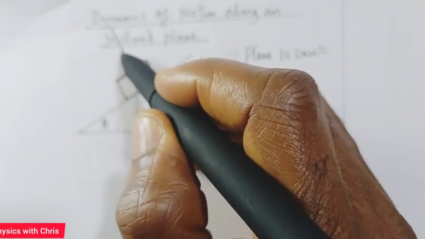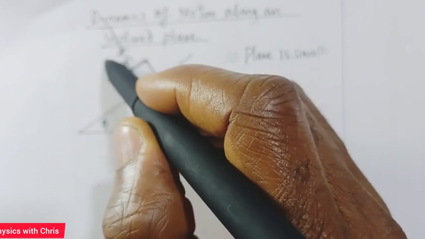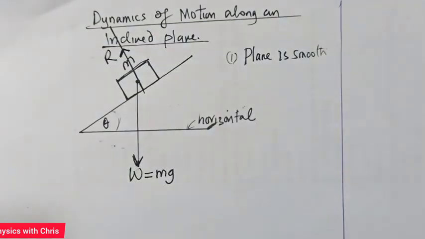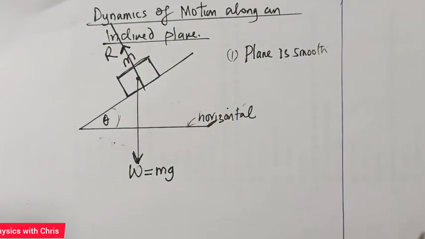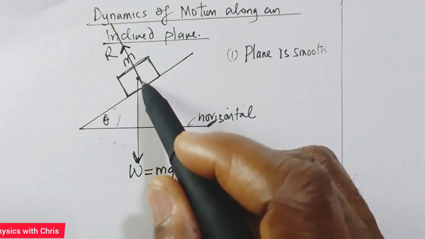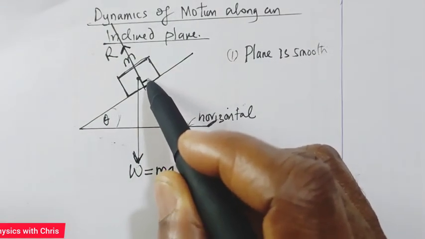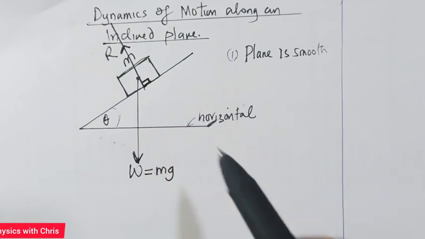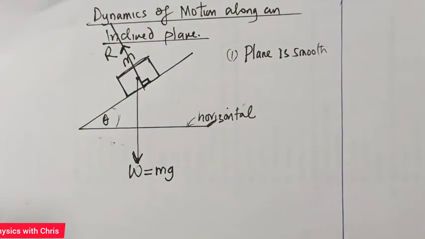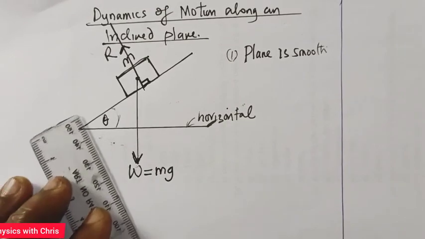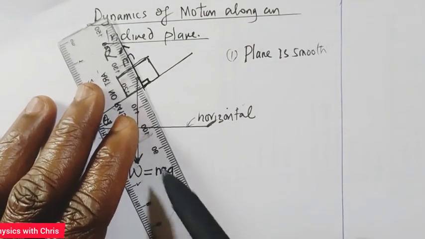I use the symbol R to denote normal reaction, and it always acts at right angles, perpendicularly, to the surface on which the body or the mass is placed.